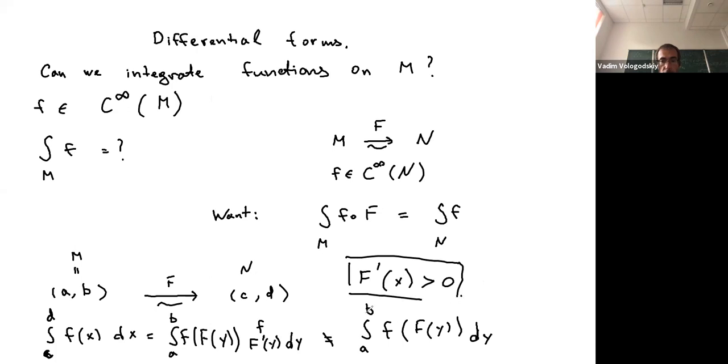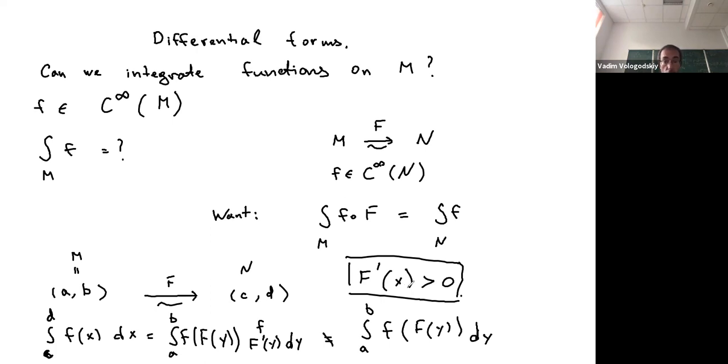What is the reason for putting this condition? If you have a diffeomorphism, then in particular its derivative must be invertible, so it must be either always greater than 0 or always less than 0, for all x.